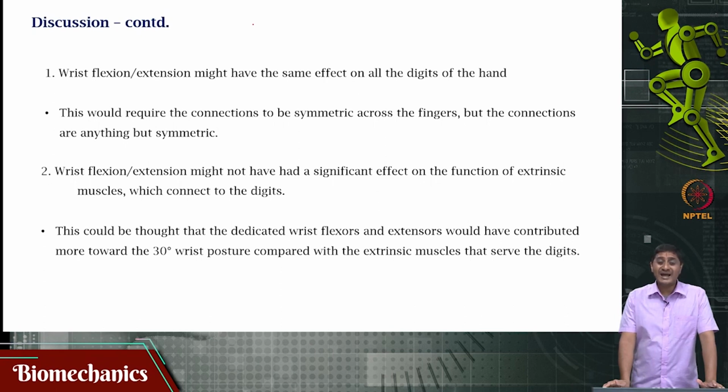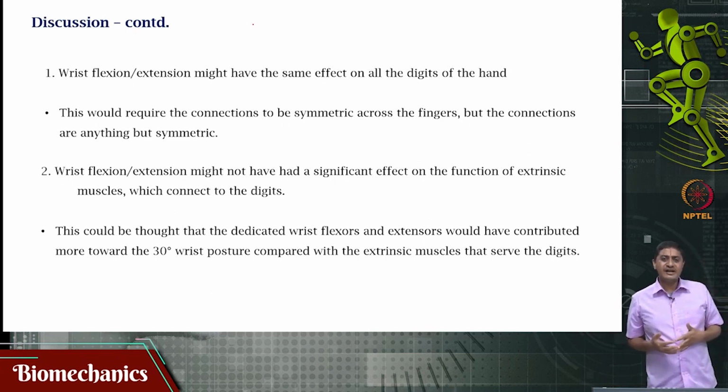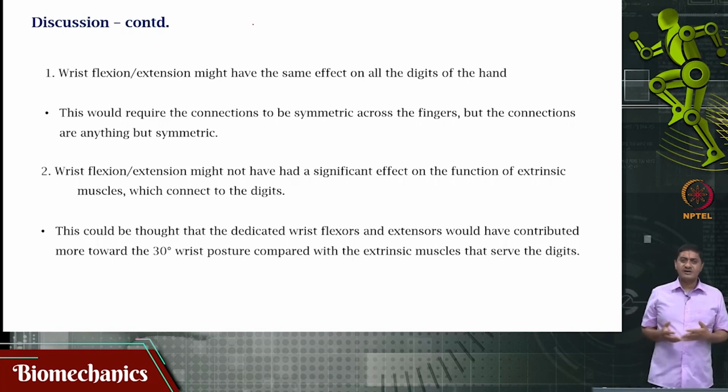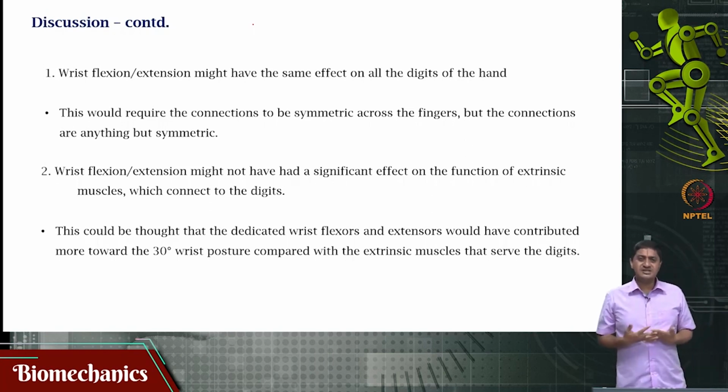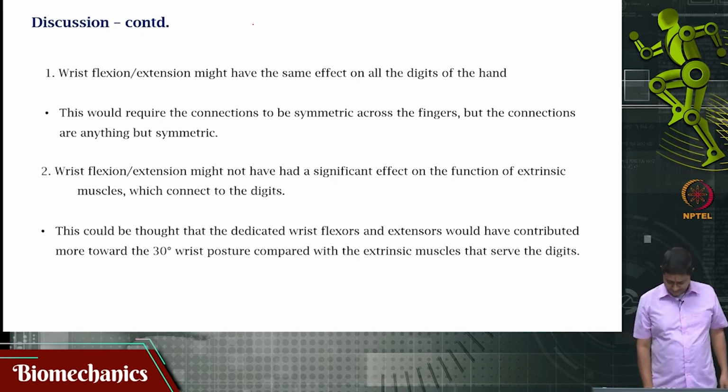So perhaps the muscles responsible for finger function did not really participate in wrist flexion and extension. Maybe wrist flexion and extension is more of an independent function performed by the dedicated flexor and extensor of the wrist. This is the other idea.